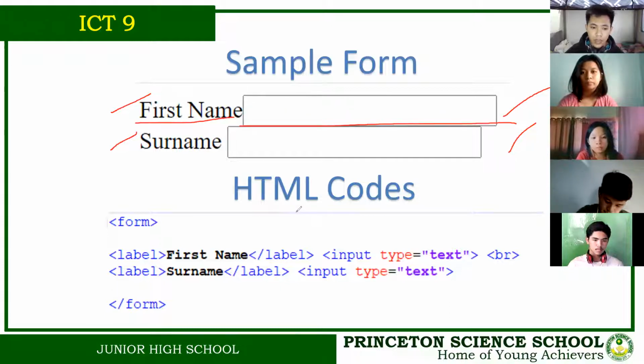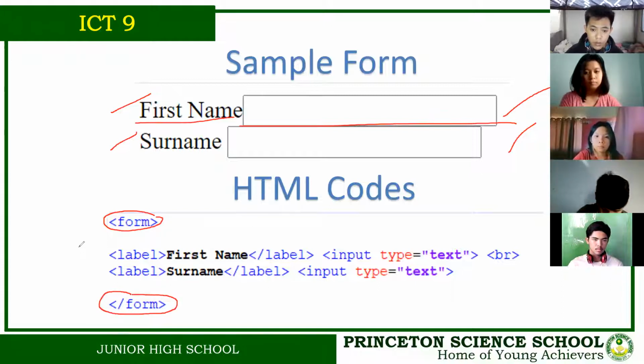So what do they look like in code? First, we will need to provide our form tags so that HTML knows that what we are typing is in a form. And then the two parts, a label and then the input field.